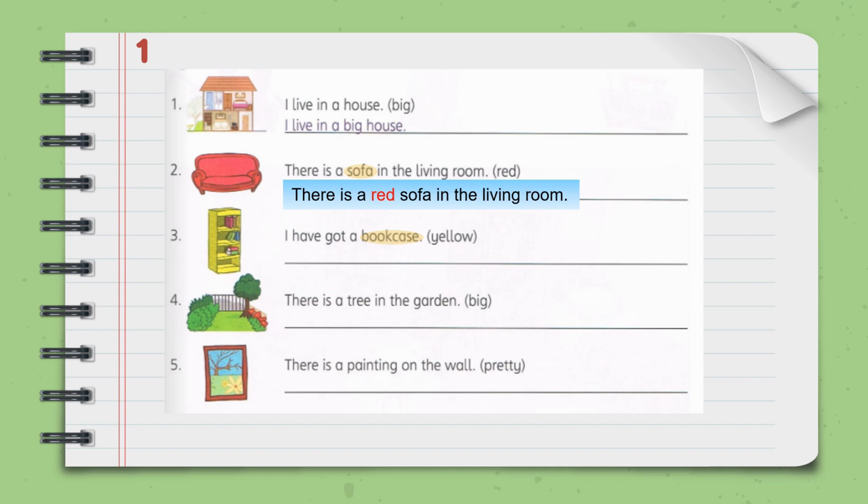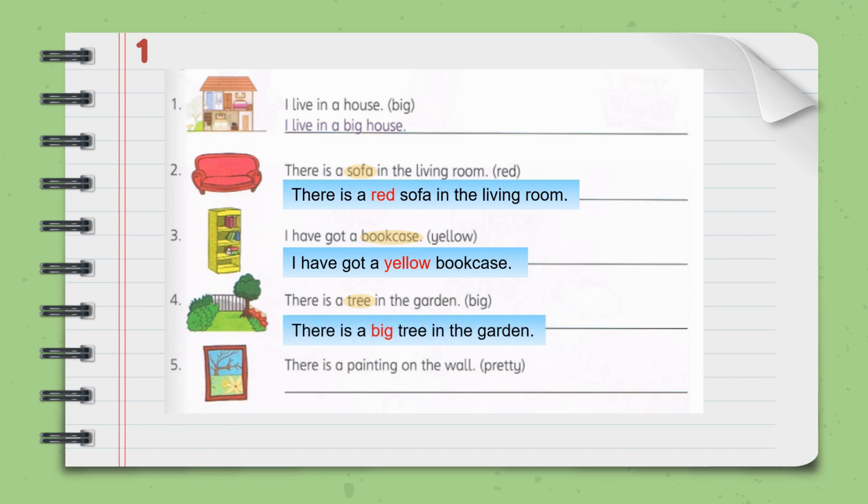So the sentence would be, I have got a yellow bookcase. For sentence number 4, the noun that we will be looking at is tree. So the sentence would be, there is a big tree in the garden.